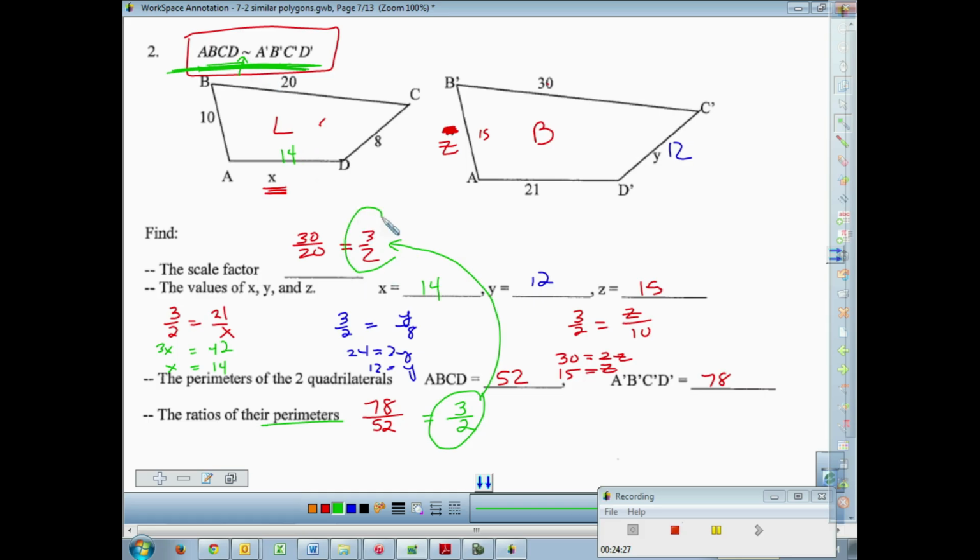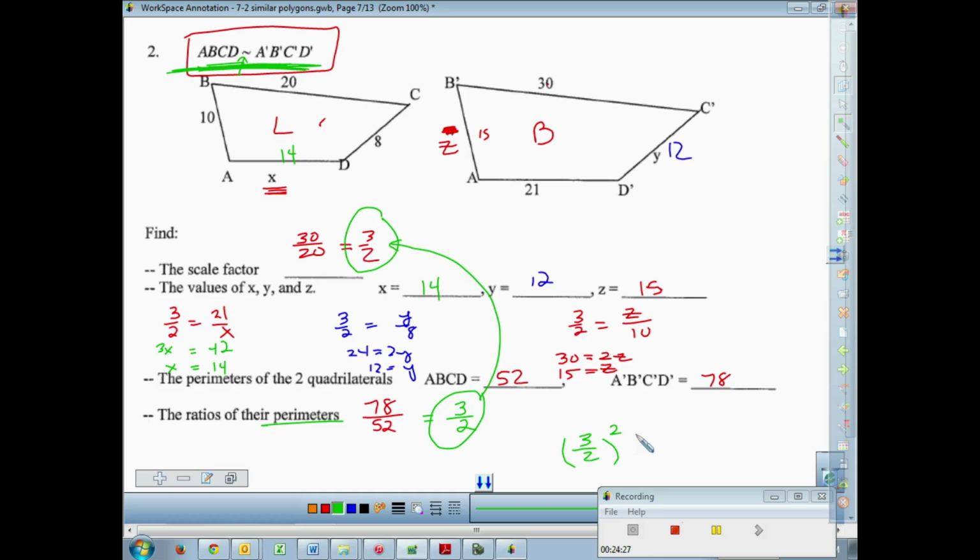Yes or no? Do I know the scale factor? Now, all you need to know is the label that should be an area. Is it units, units squared, or units cubed? It's square units, right? So all you have to do is take the old scale factor of 3/2 and square it.